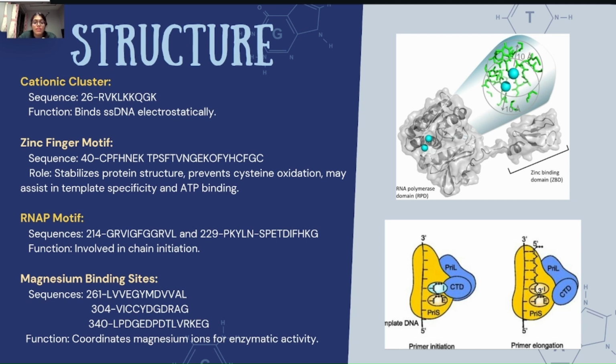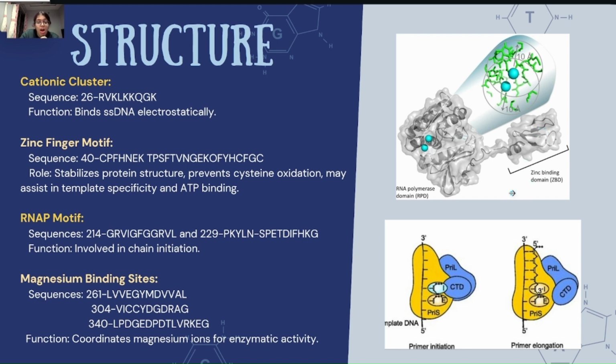Then they have the zinc finger motif, which keeps the whole structure stable and helps to grab the right building material, which we can see in the attached photo, where the zinc binding domain acts like an attachment, which will make sure that wherever you are getting attached is at the right place.